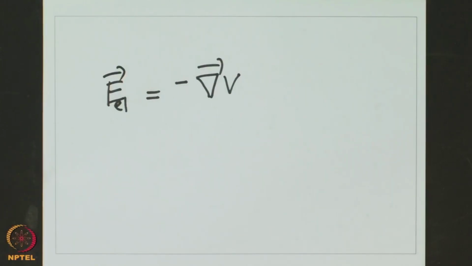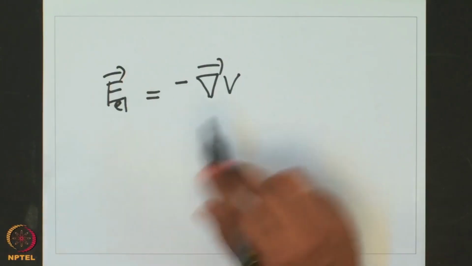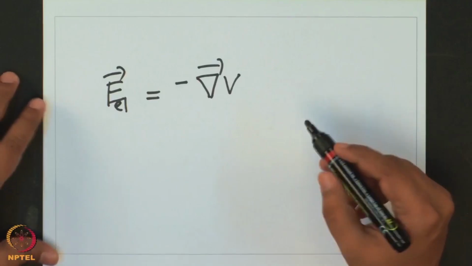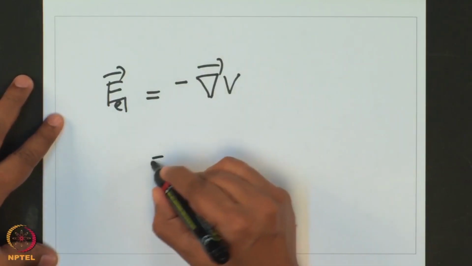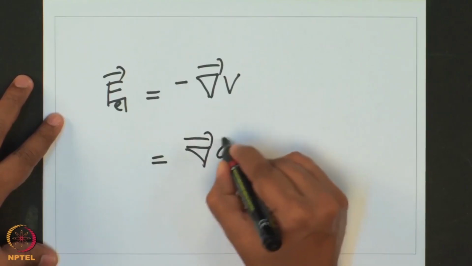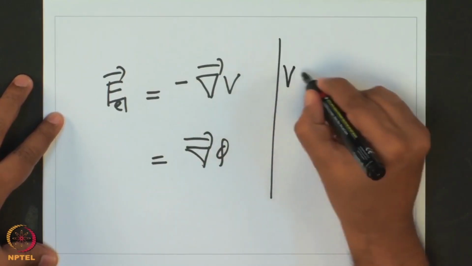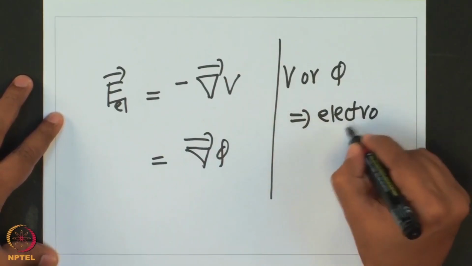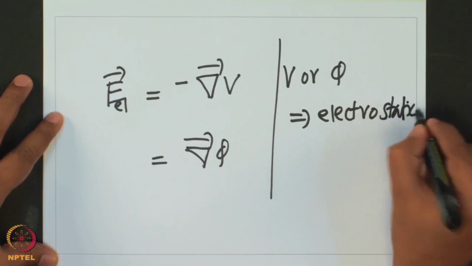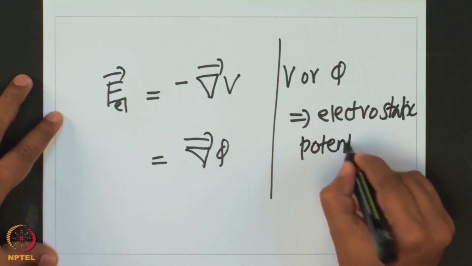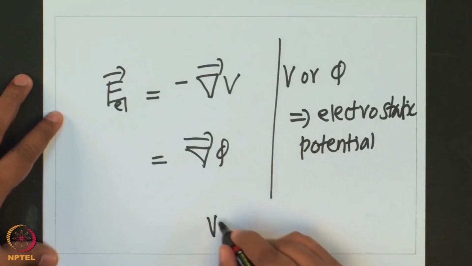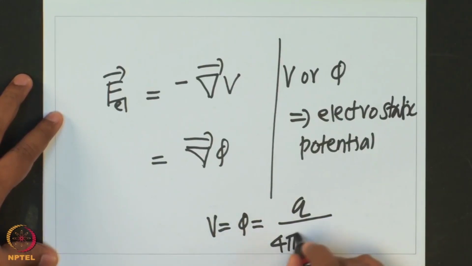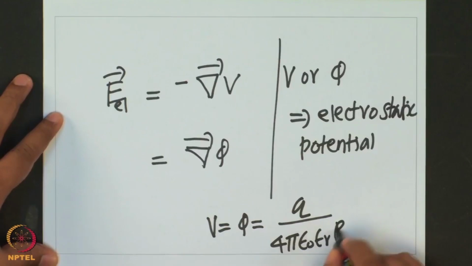This is true in many other areas. We will come and learn this as we learn about the Nernst equation, where sometimes this could be written as del phi, where phi is the electrostatic potential. What is electrostatic potential? V or phi is nothing but q by 4 pi epsilon 0 epsilon r.